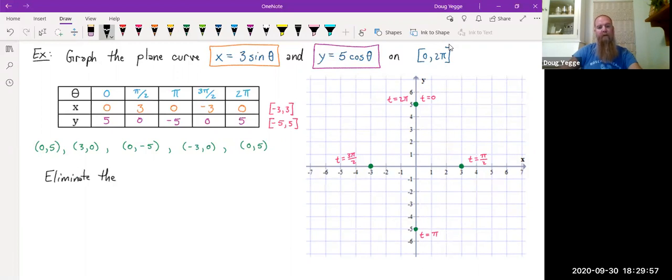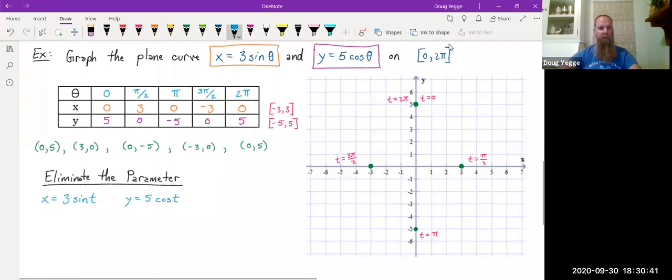Now notice that because these are trigonometric functions, it's going to be a little trickier to actually solve for theta since we're going to have to take sine inverse or cosine inverse. But it turns out we don't need to do that. Let's notice that if we separately solve for sine and cosine in each of these functions, then we get that x over 3 is the same thing as sine of t.